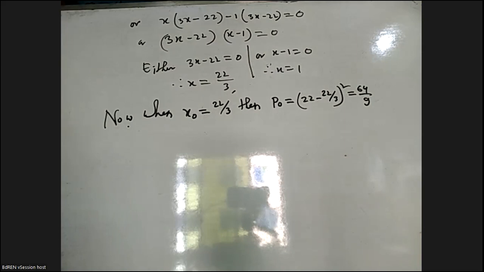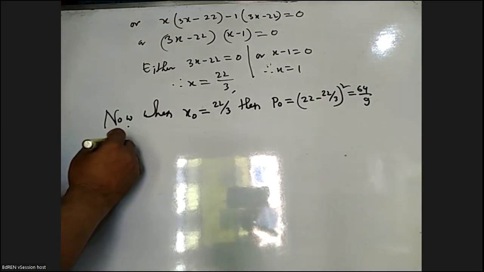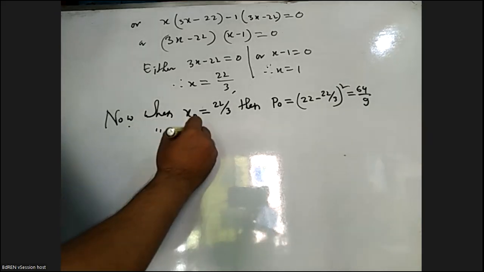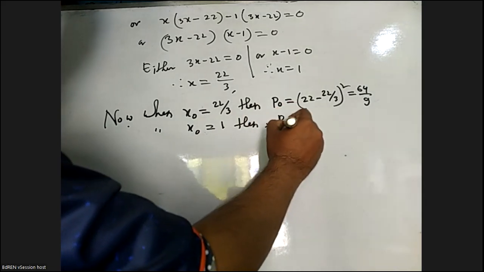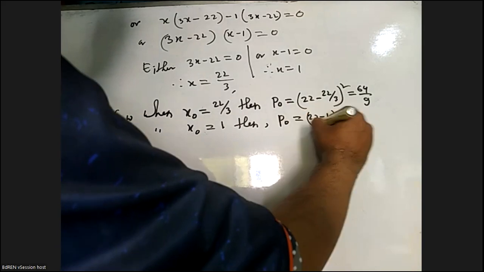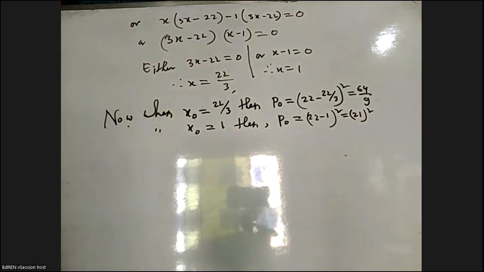Now in this case, consumer surplus, we know, again when x naught equals to 1, then P naught equals to 12 minus 2 into 1, whole square.